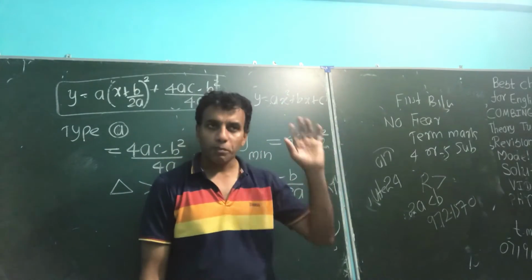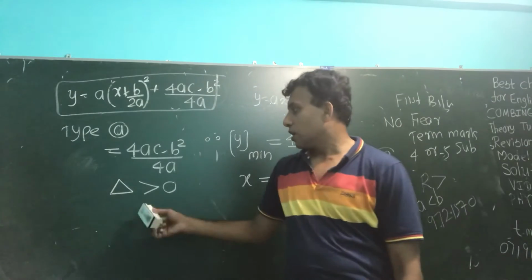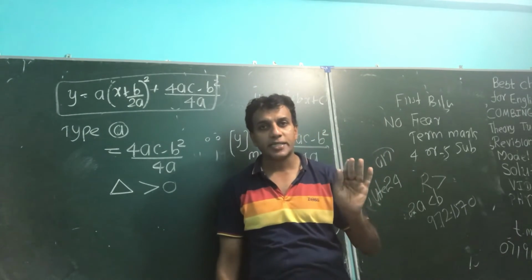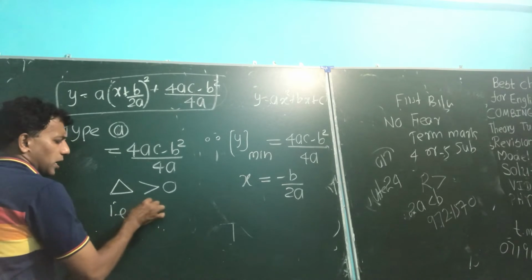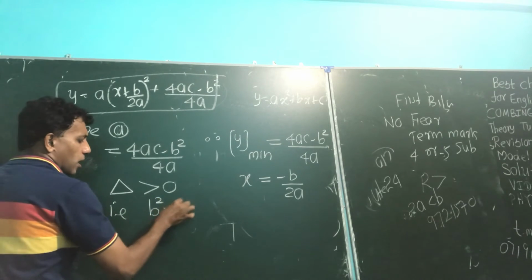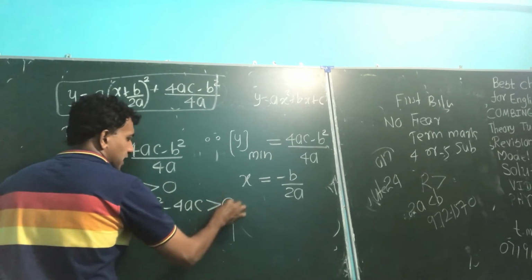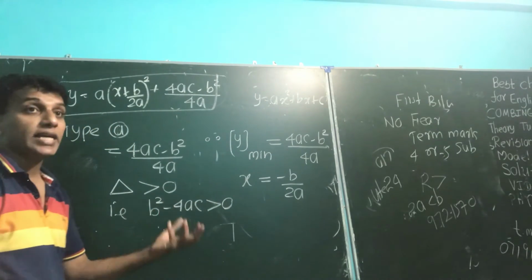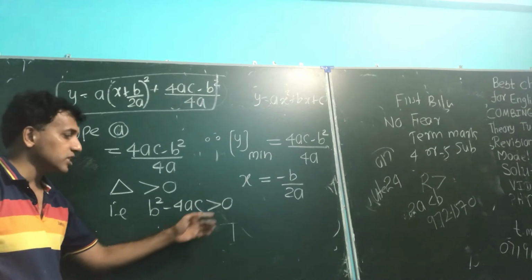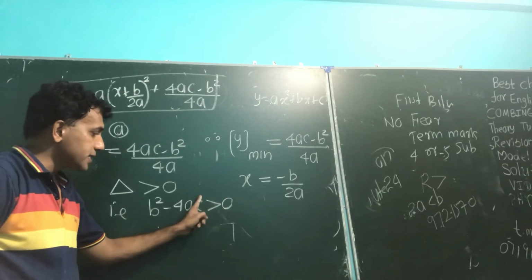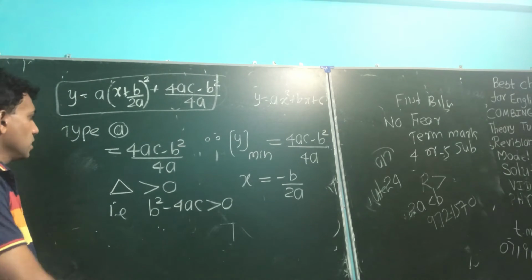We completed many quadratic equations, nearly 1 month we worked on those things. Delta greater than 0, or otherwise b square minus 4ac greater than 0. That's called delta, discriminant. B square minus 4ac we call delta. So I said delta greater than 0. Okay.